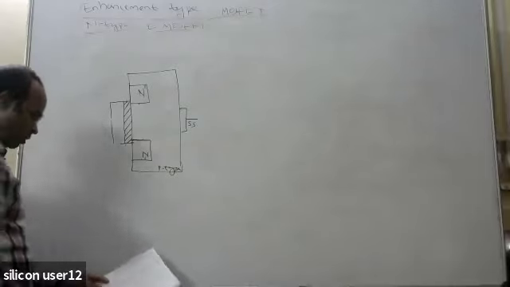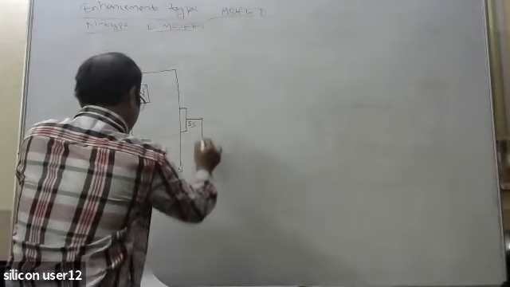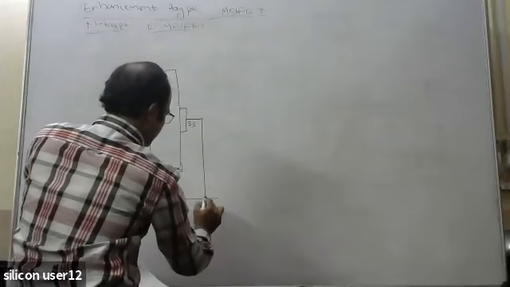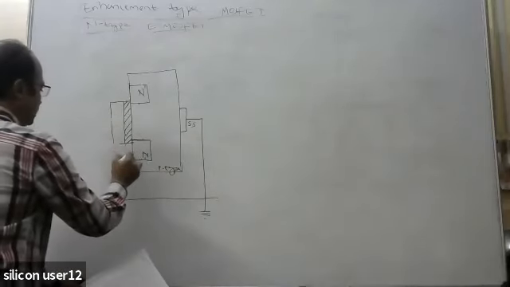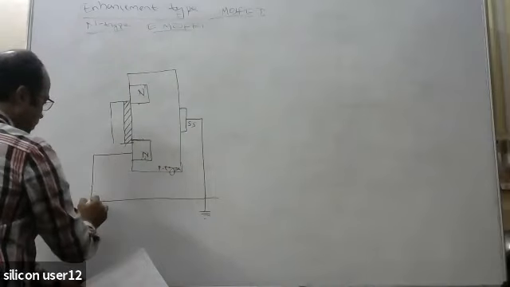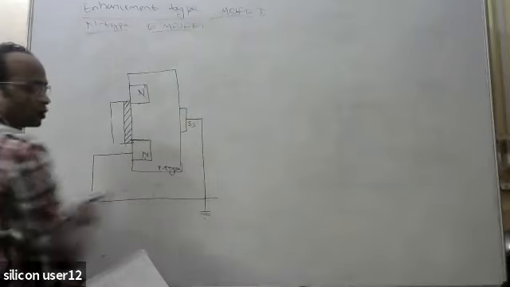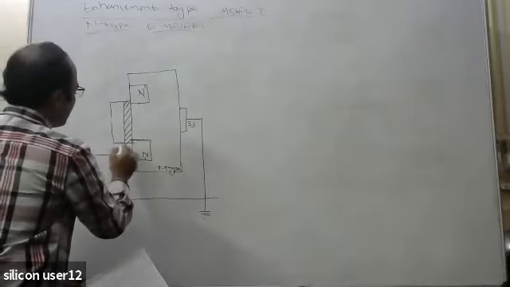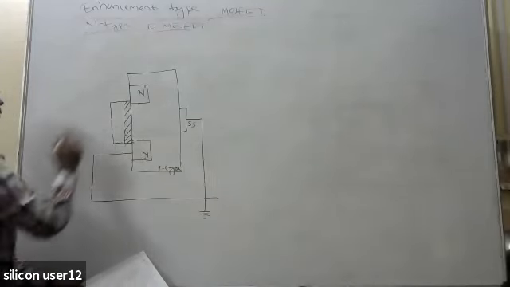Now I'll put the appropriate connection. First of all, this source is grounded, as well as this body. Now I'll apply a positive voltage between source and this gate terminal.